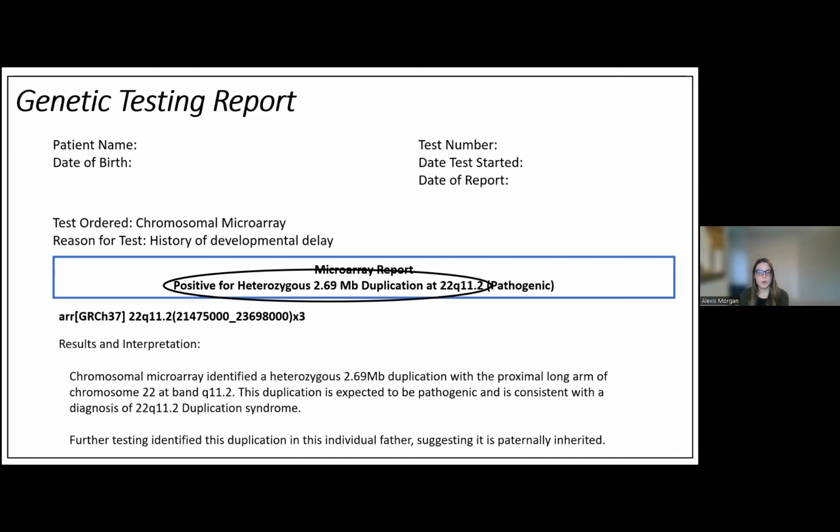If there is no chromosome variant identified, it will say negative. This specific result says it's positive for a heterozygous 2.69 megabase duplication at 22q11.2. This is a lot of information, so we're going to break it down.